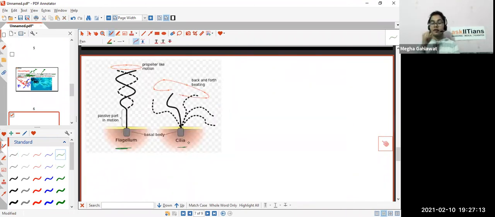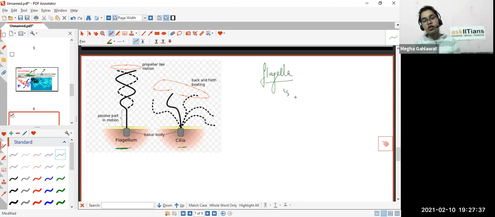The difference is that flagella are larger structures and cilia are small hair-like structures. Flagella could be present in fewer numbers, and cilia always have to be present in larger numbers to have their effect, since they are smaller in size. So I'm going to write that down here for you.